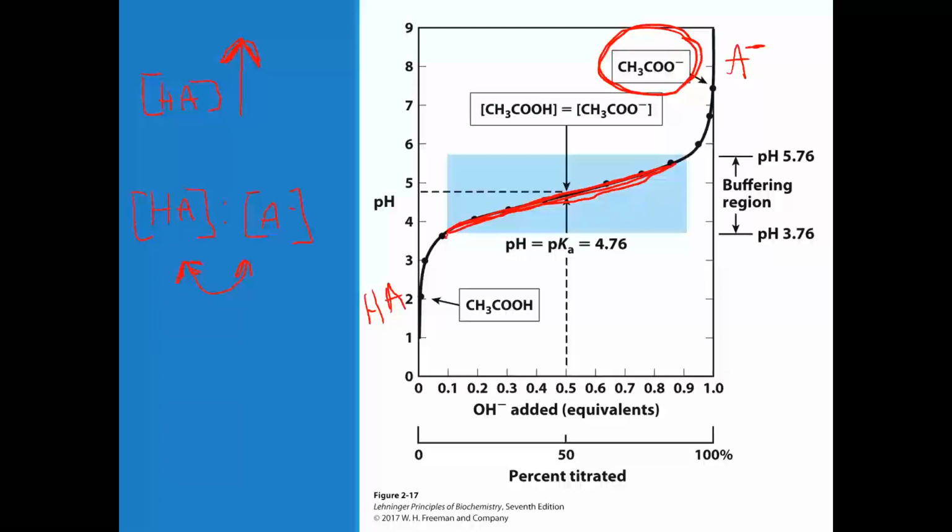If we did the opposite, we went backwards and we added a bunch of H plus and we eventually lowered the pH, you still see this flattening curve, the buffering region. So again, the take home here is that the buffering region of a weak acid is going to be at its pKa, and in general, a plus or minus 1 range of its pKa.